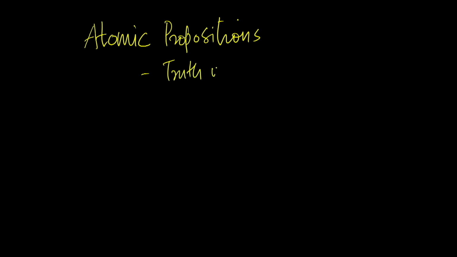There are what are called atomic propositions. For these atomic propositions, the truth values are given. That is, we do not analyze these atomic propositions to find out how they became true or false. We just know that they are true or false.